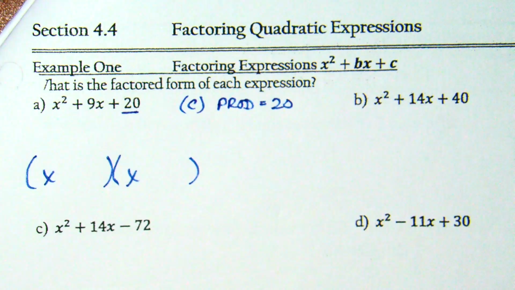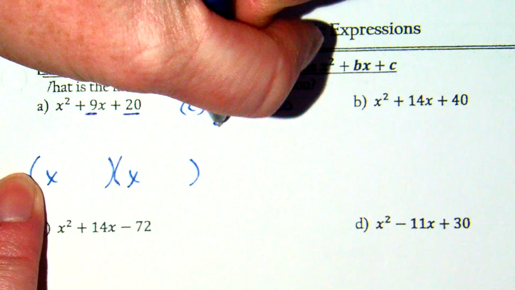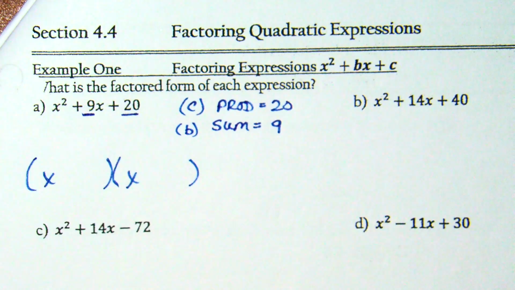And then they have to give me a sum of the B value, which my B value here is 9. So you want a product of the plain number at the end, two numbers that multiply to be 20, and then they have to add to be the number in front of x. So they have to add to be 9.